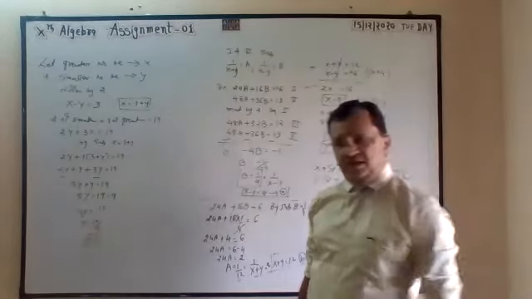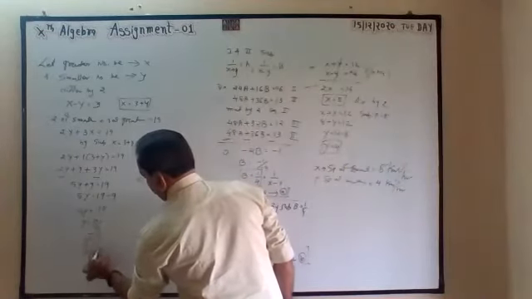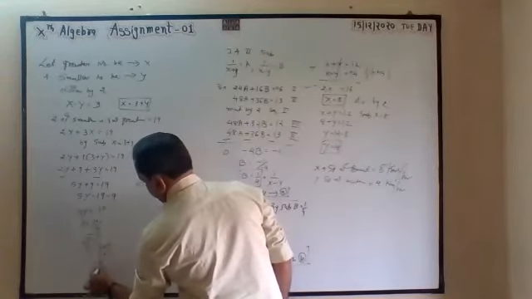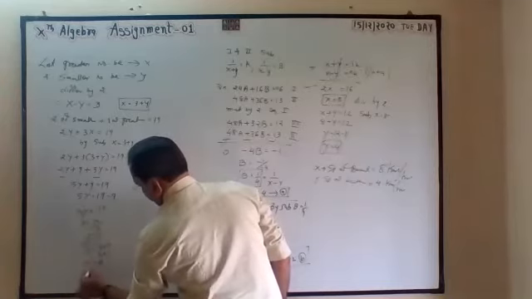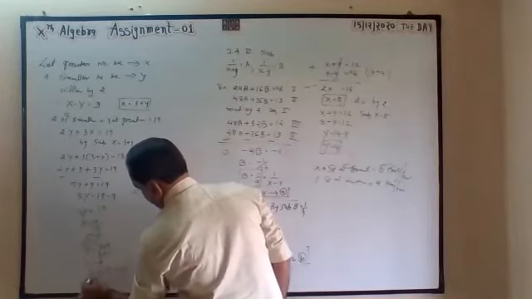Y is equal to 1, you got the smaller number. But x is equal to 3 plus y, 3 plus 1. Therefore, the greater number is x is equal to 4.